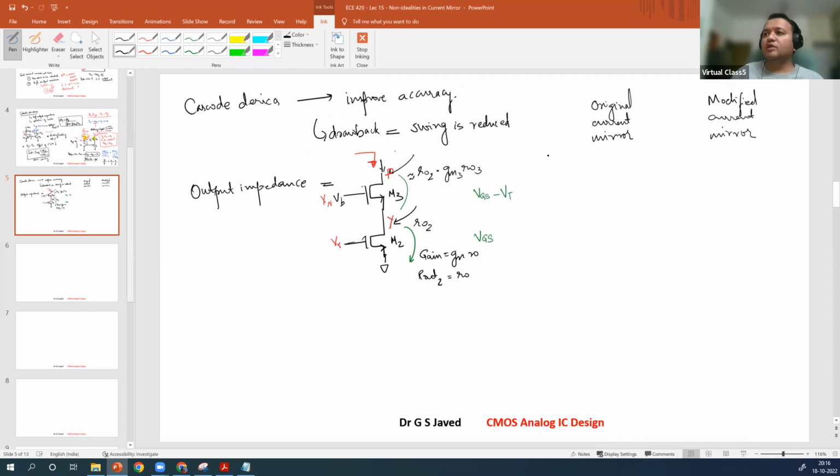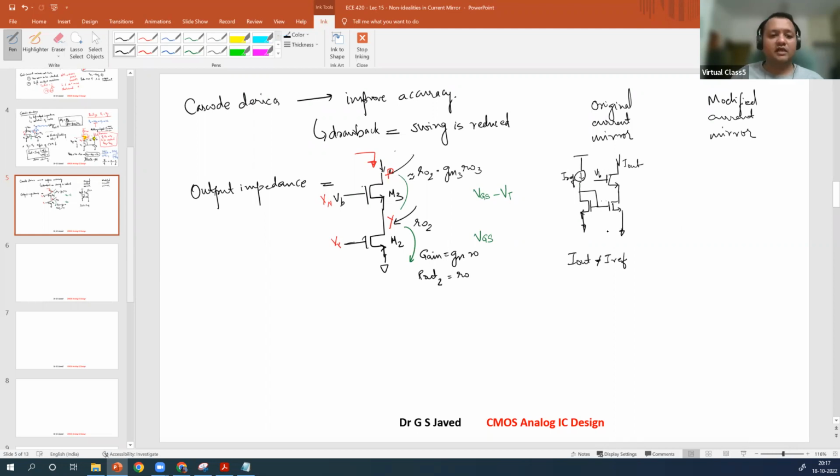How does the original current mirror look without the second cascode stage? Here the current mirror. The VP at this node, IREF, this is Iout. So what is the observation that you see here? Iout is not equal to IREF.